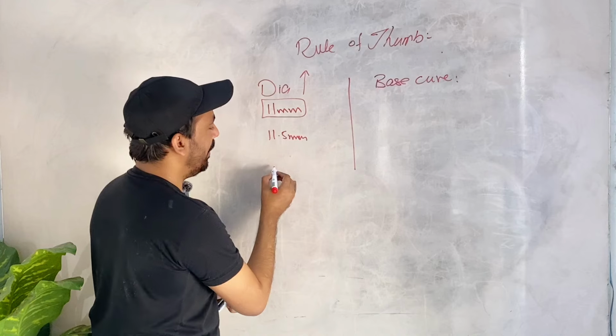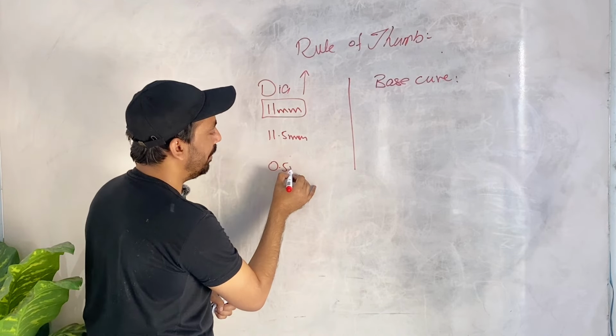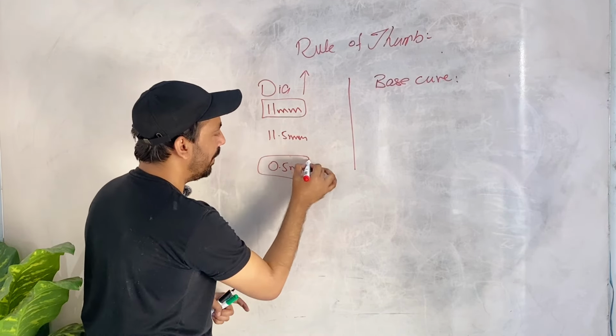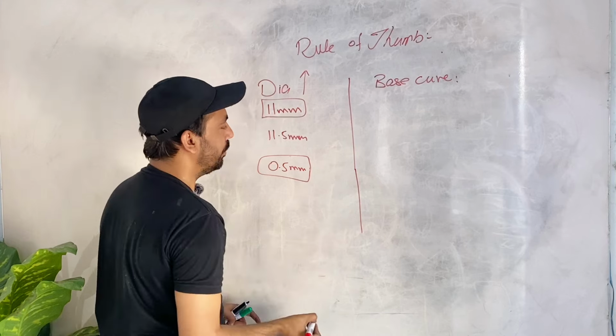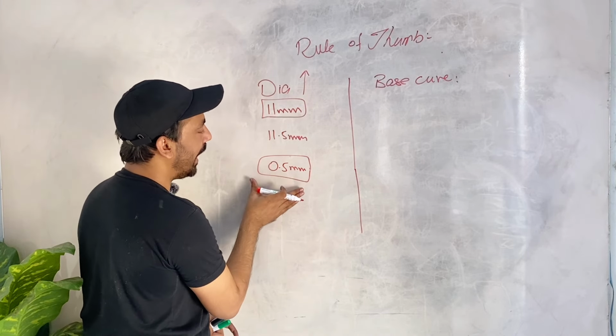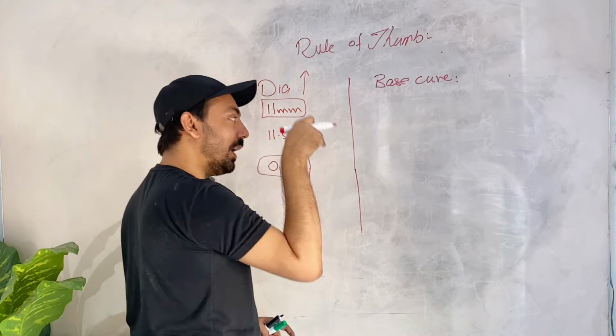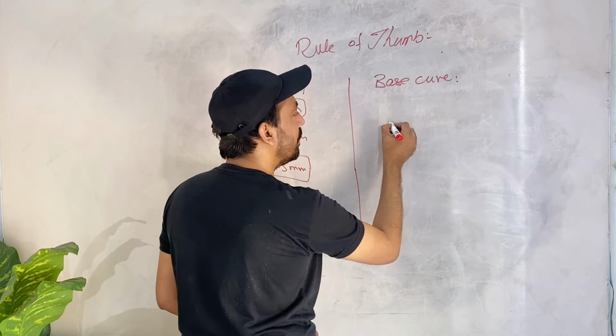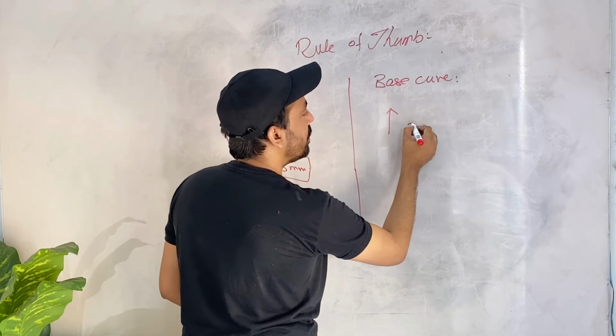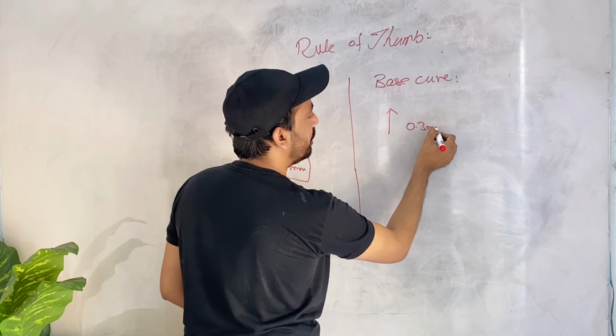Whenever you increase the diameter by 0.5 millimeter, remember I'm giving you the concept of the rule of thumb, I have to increase the base curve by 0.3 millimeter.